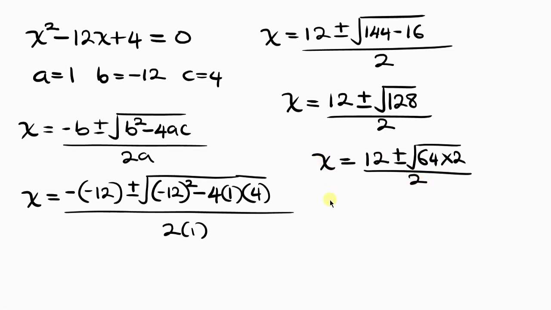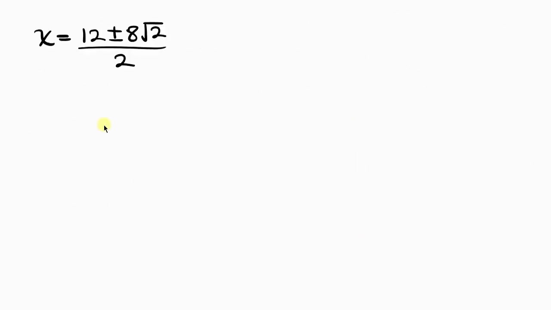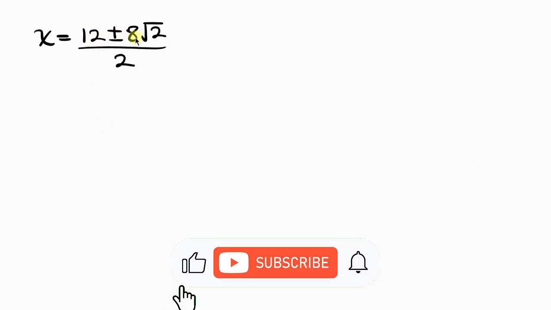Simplifying further, x is equal to 12 plus or minus. Now, this is the square root of 64 times the square root of 2. So going with the square root of 64, the square root of 64 gives 8 times the square root of 2 all over 2. Let's move forward. Now notice that 4 is common on the numerator. So we have to factor out 4.